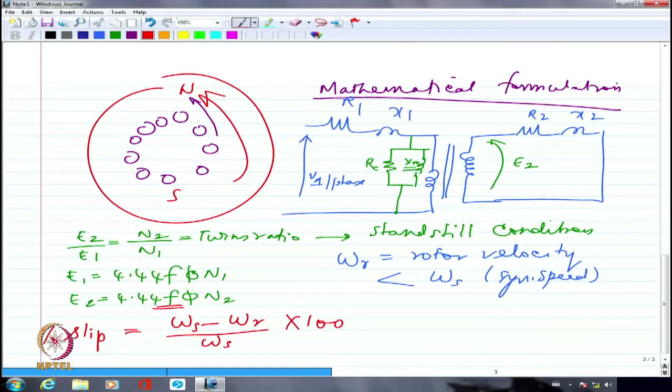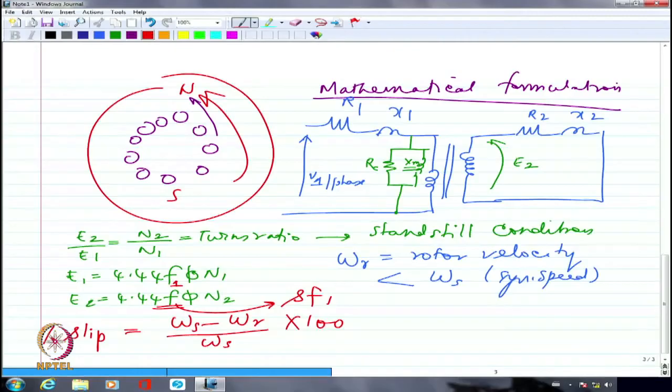Now that the relative velocity has declined, this corresponds to S times F1, because S is indicative of the difference in speeds between the revolving magnetic field and the rotor. So the rotor frequency declines as the rotor goes to higher and higher speeds. And the moment I reach synchronous speed, there will not be any induction at all. So F2 will be 0. The rotor frequency will be 0, so there is no induced EMF as well. Are you getting my point?